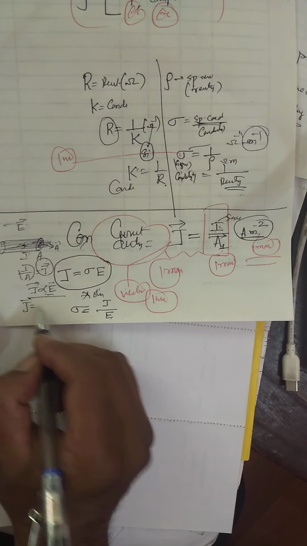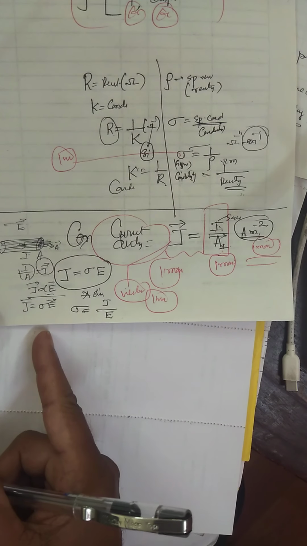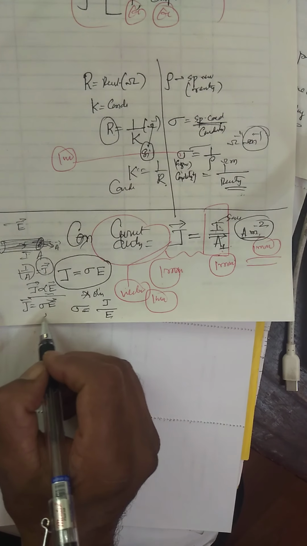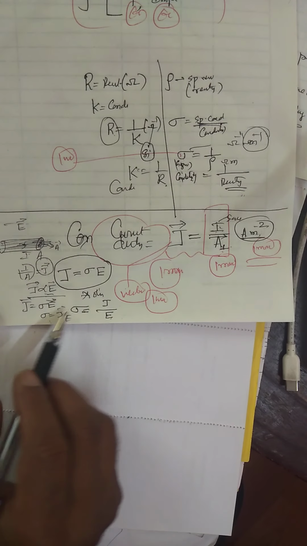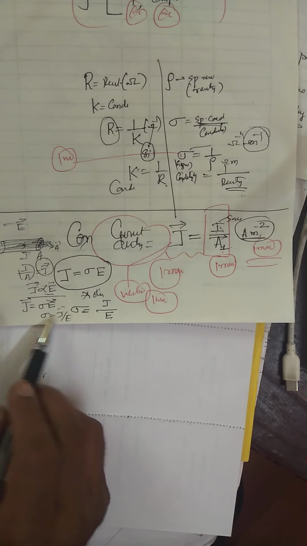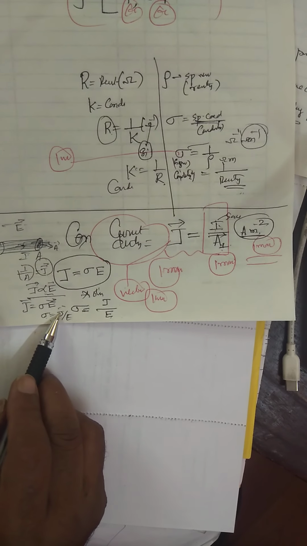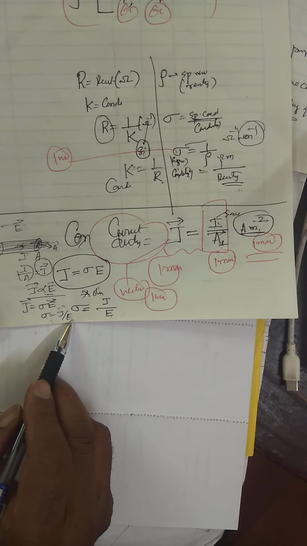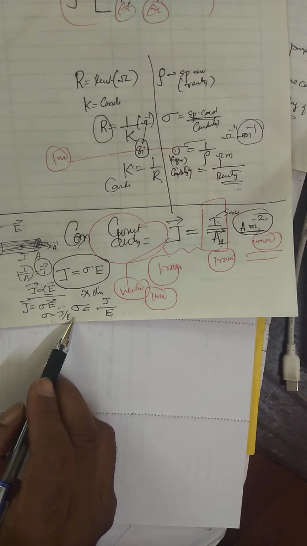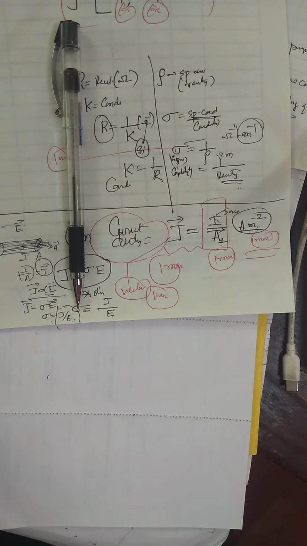Therefore, current density is equal to sigma times E. Therefore, sigma is equal to J by E. So electric conductivity is the ratio of current density to the electric field which causes the flow of current.